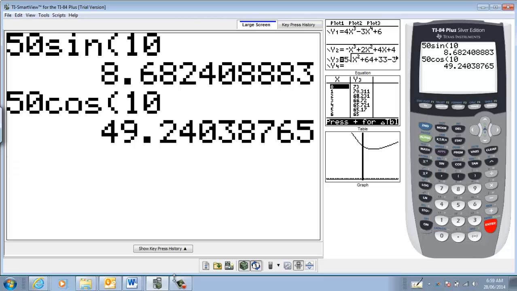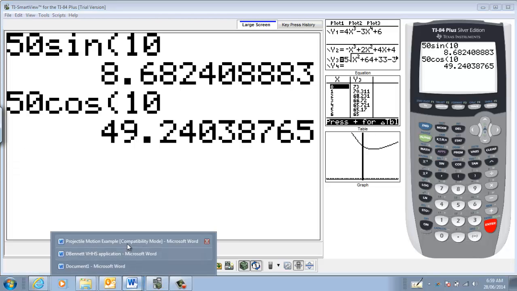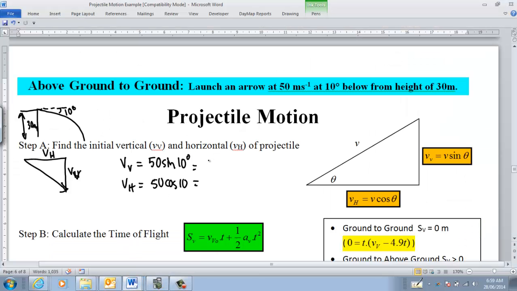So we can write those two answers down. That works out to be 8.68 meters per second, and don't forget the negative because it's going downwards. The other one is in fact going to be 49.24 meters per second. That's positive.